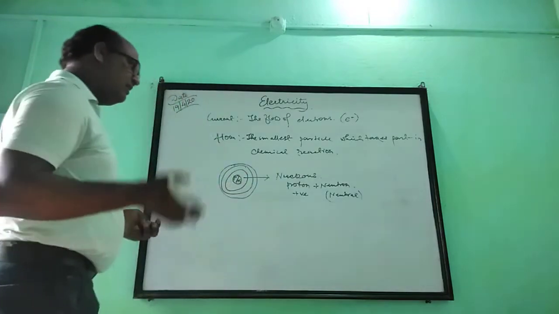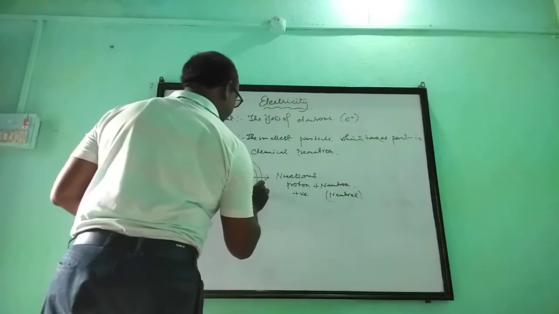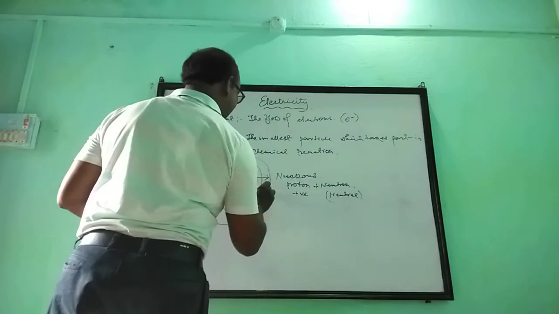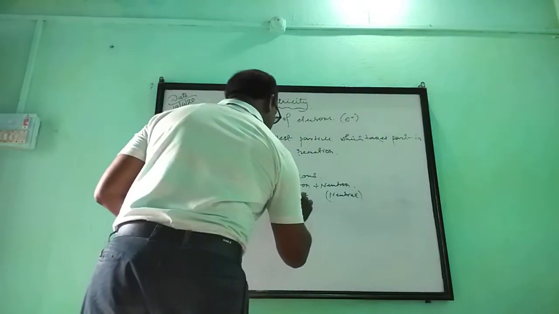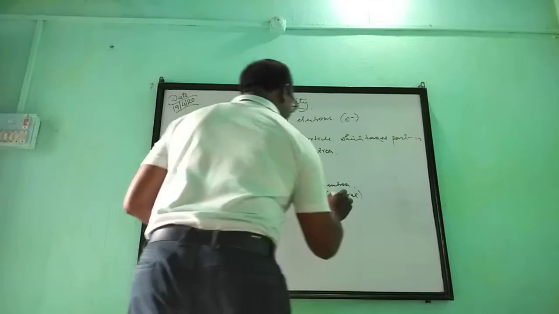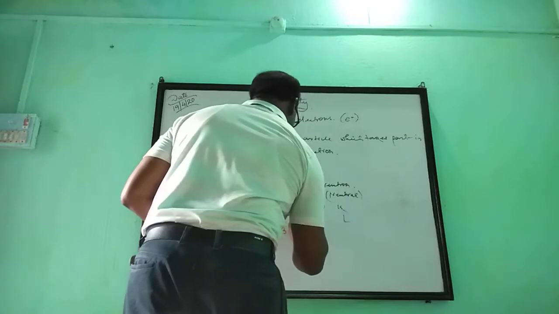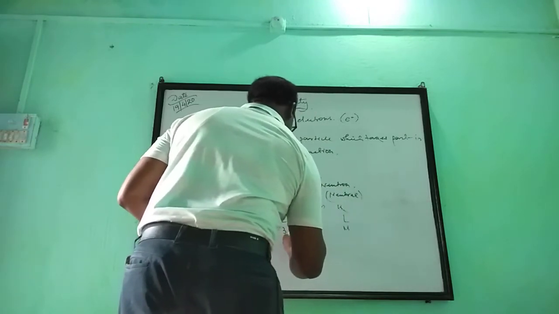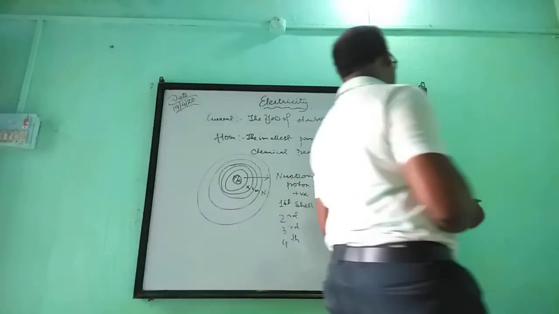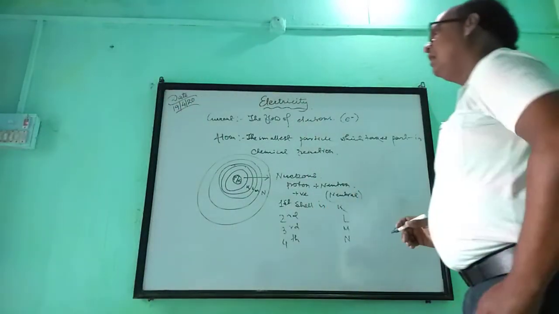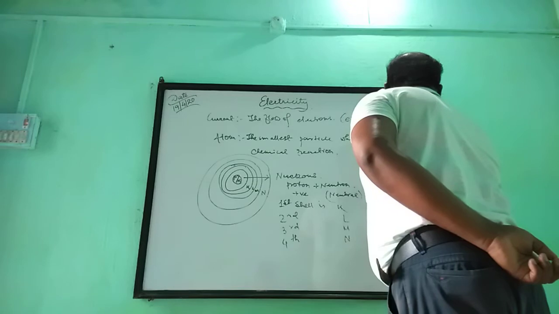The cells are named K, L, M, and so on. The first cell is K, second is L, third is M, fourth is N. The capacity of carrying electrons of the cells is given by the formula 2n square, where n equals the number of cells.